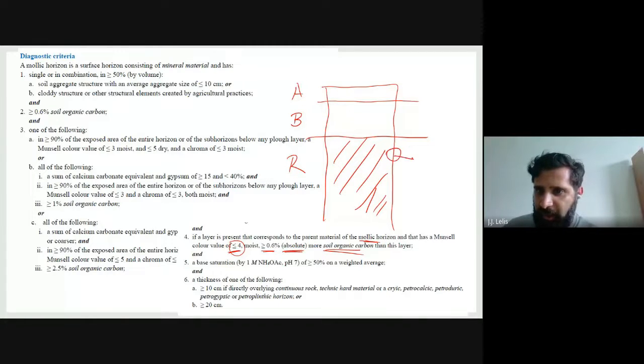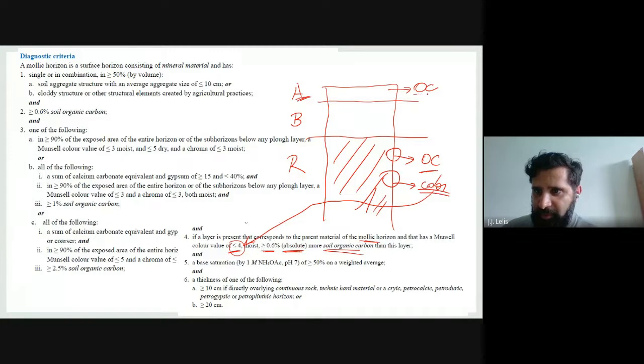I should analyze here the organic carbon content and the color of this material. The value of the color should be lower than 4, and I should compare the organic carbon content in the surface horizon and the parent material.